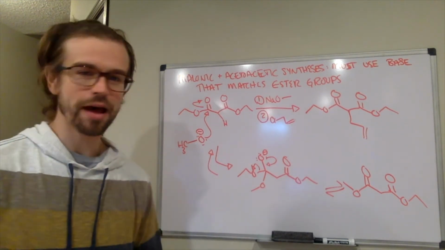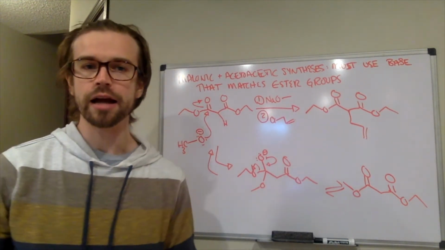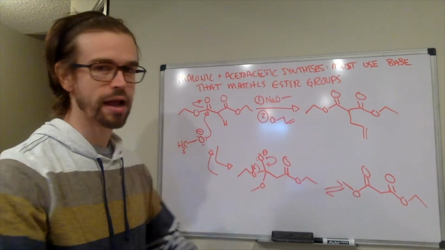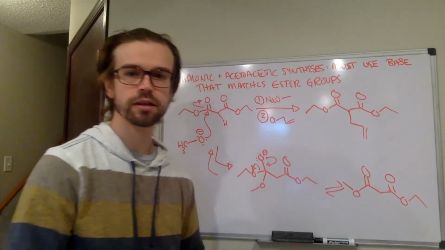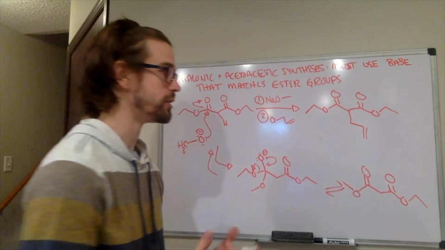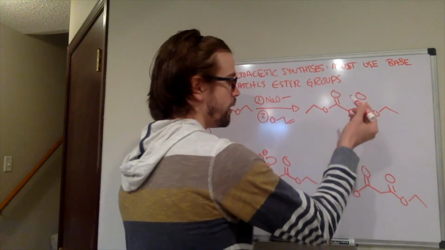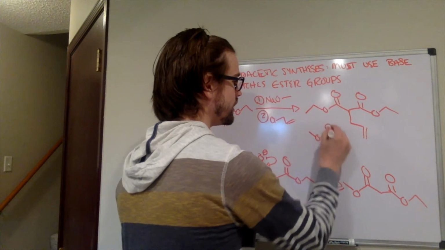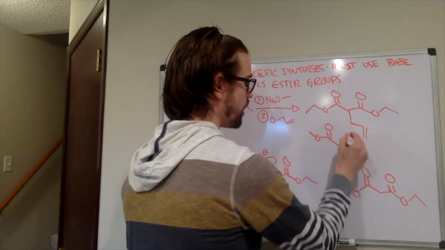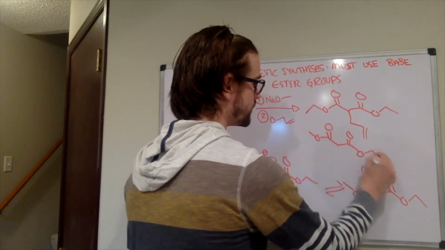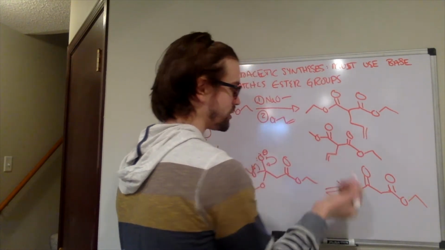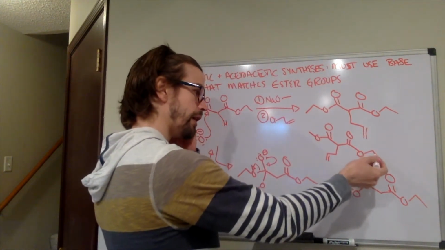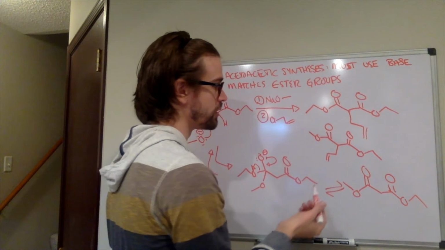Why is this problematic? Well, when we run a reaction, we usually purify the product, and we want to characterize that product to make sure it's pure. We are very likely to have this as one of the products, but what we're going to see in our mixture is probably some of this mixed ester product as well, where we have ethyl ester on one side, methyl ester on the other side.